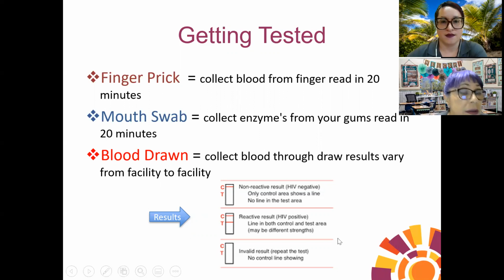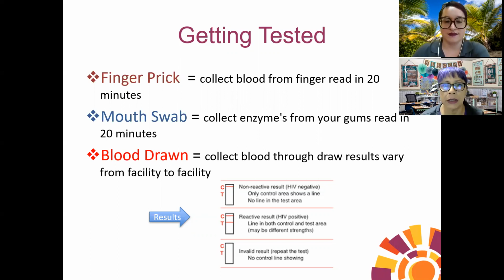As you see these little rectangle things right here, they have a C and a T. The C stands for control and the T is for test. So if you get a line on the C, that means that no antibodies were found for HIV. If you get a line on C and the T, that means that they did find some antibodies. If somebody gets this result as a positive, that's not the only test they're going to do. They're going to redraw the blood and do some more tests to make sure this wasn't a false positive.